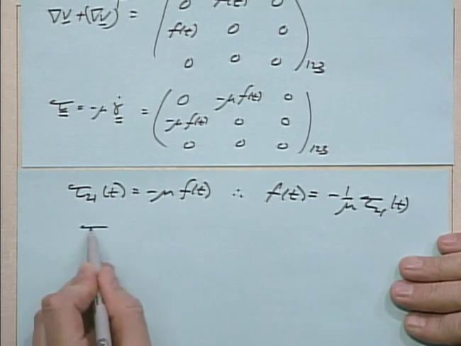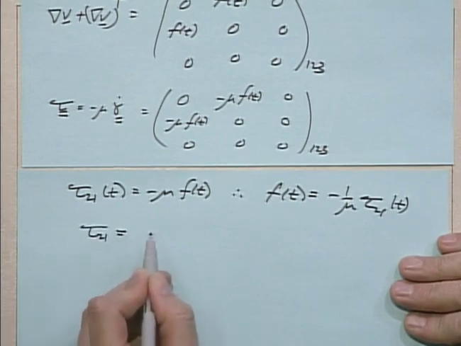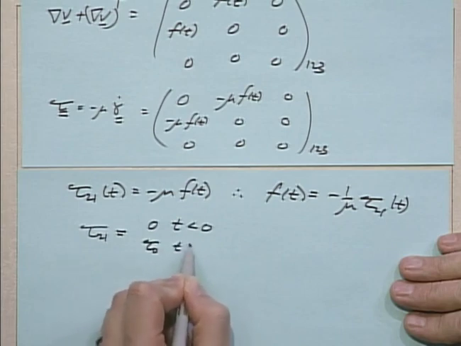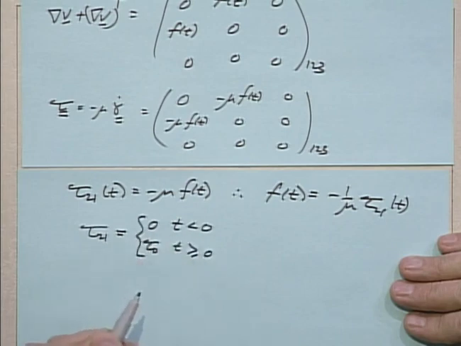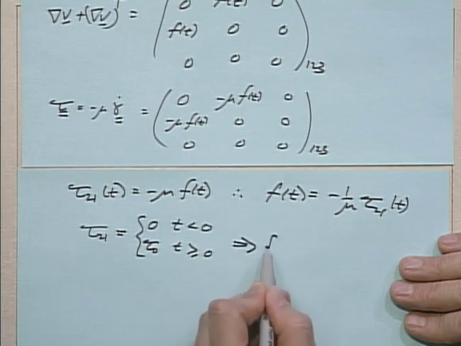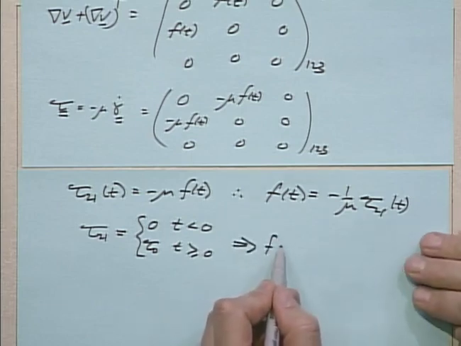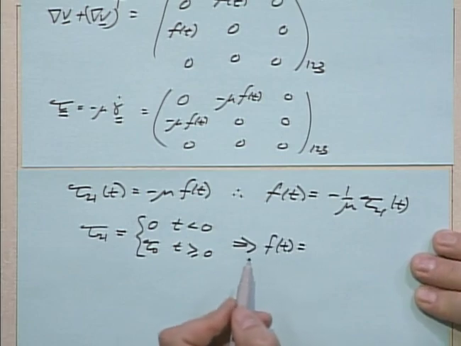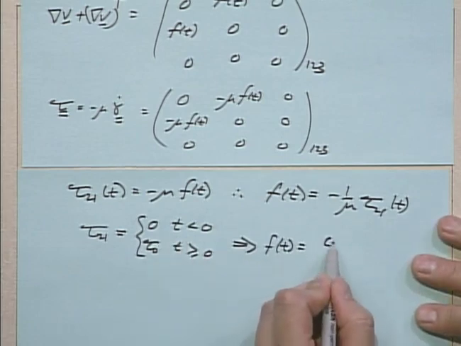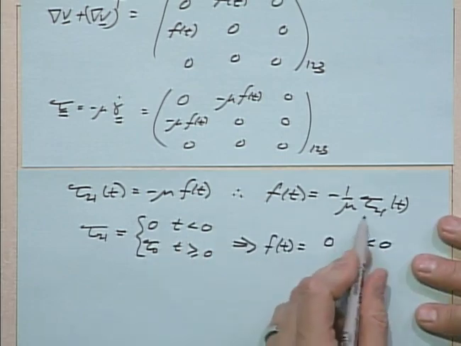So tau21 in creep is 0 for t less than 0 and tau naught for t greater than or equal to 0. So that must mean f of t must be 0 for t less than 0, right?